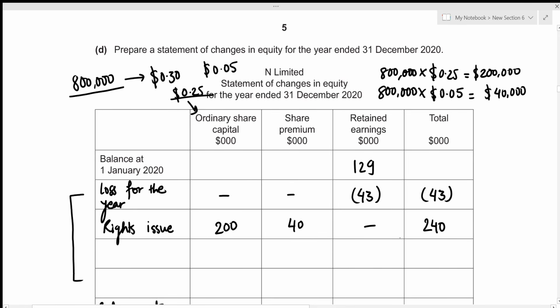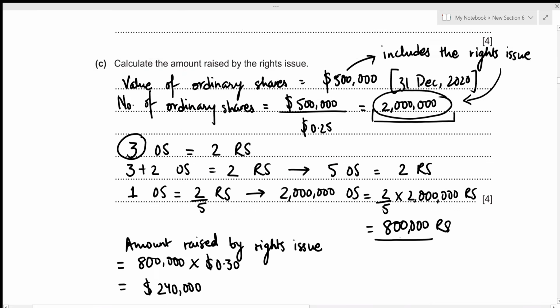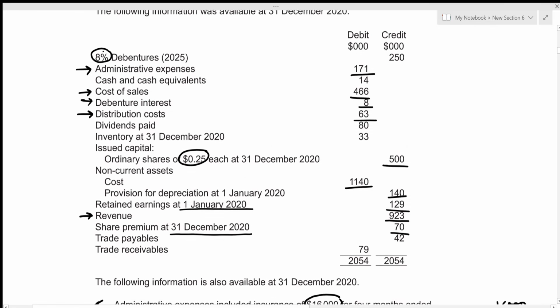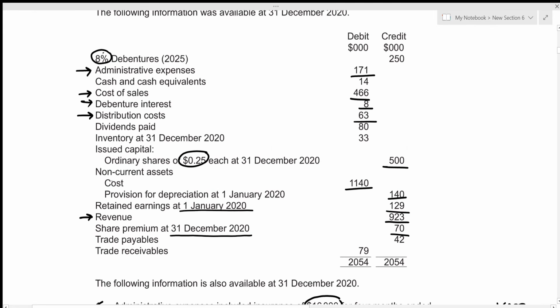All right. Let's look for any other terms that should be included. So we have dividends paid right here. So dividends paid is always deducted from the retained earnings section because dividends are a part of distributable profit, which is recorded at the retained earnings. And we have the value of dividend paid to be 80,000.